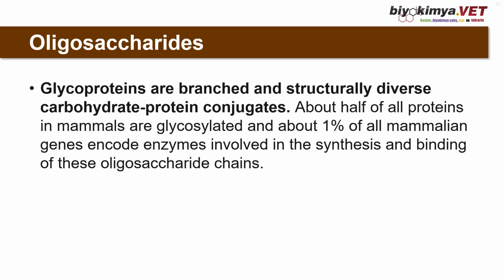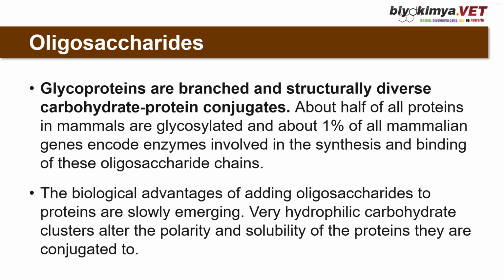Glycoproteins are branched and structurally diverse carbohydrate-protein conjugates. About half of all proteins in mammals are glycosylated, and about 1% of all mammalian genes encode enzymes involved in the synthesis and binding of these oligosaccharide chains. The biological advantages of adding oligosaccharides to proteins are slowly emerging.